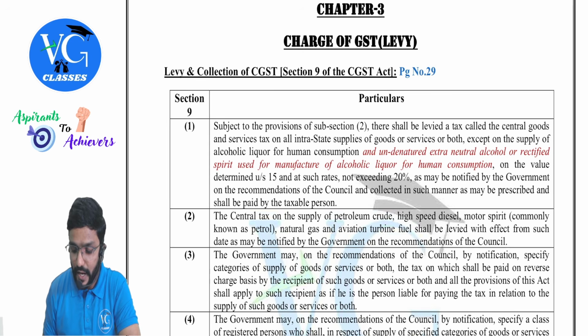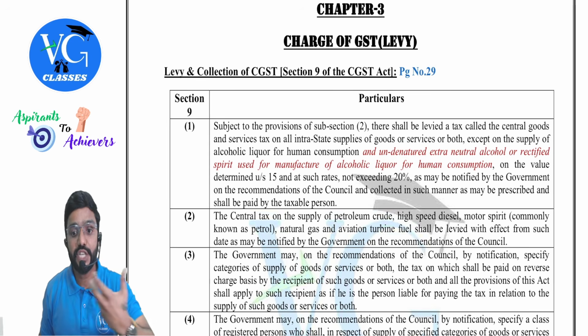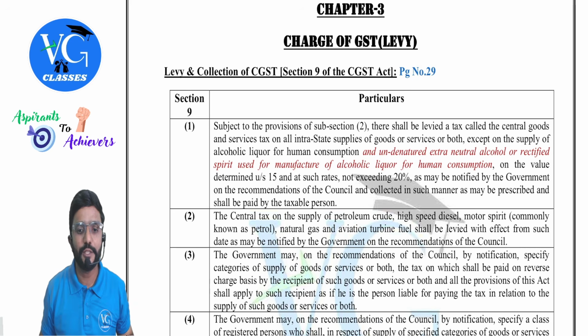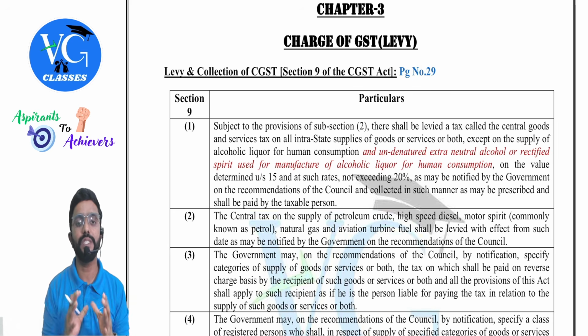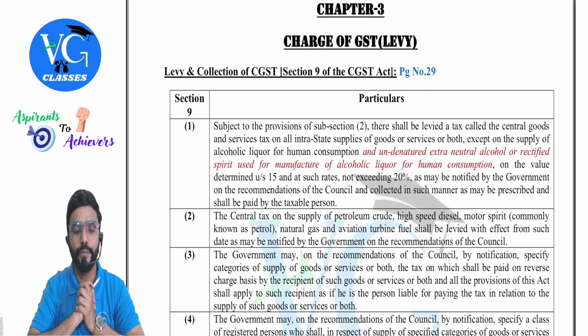Guys, denatured extra neutral alcohol or rectified spirit is the raw material used in the manufacture of alcohol.